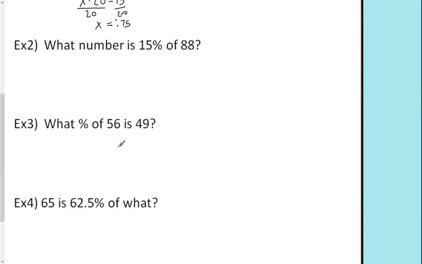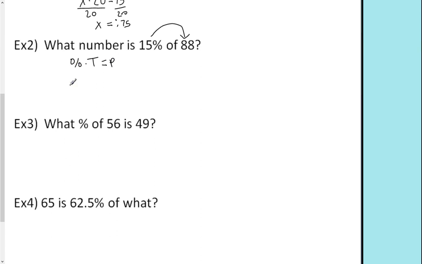Okay, so remember once again, the percent is always taken from the total. What number is 15% of 88? What's the 15% coming from? Is it coming from some number, or is it coming from the 88? Well, obviously it's coming from the 88. So if I fill in the blanks, remember it's percent times the total equals the part.